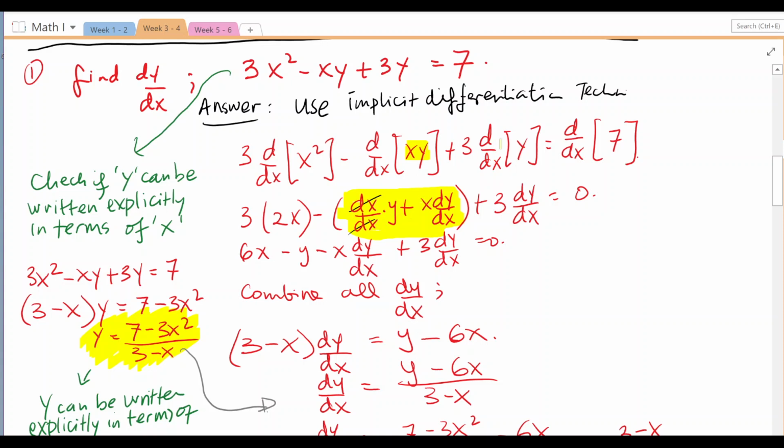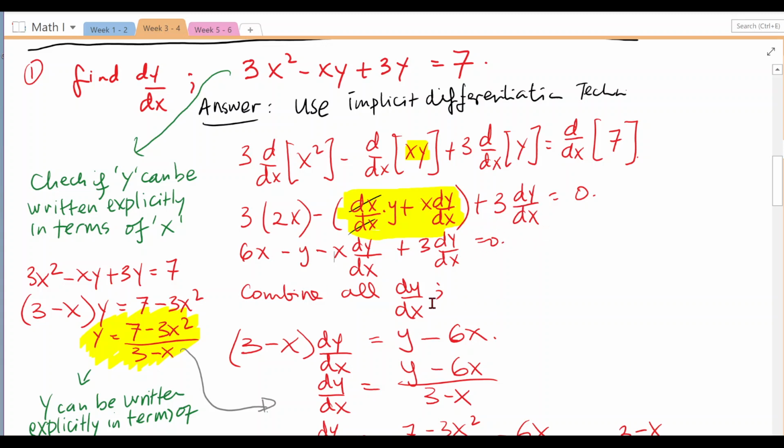Moving on, we have 3 dy dx, and then equals 7, the derivative of a constant is 0. So proceeding, we have 6x minus, so in here we can cancel dx and dx, we get negative y, and then negative x dy dx, there we go, negative x dy dx, plus 3 dy dx equals 0.